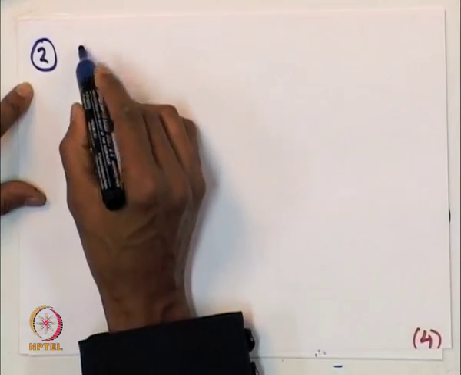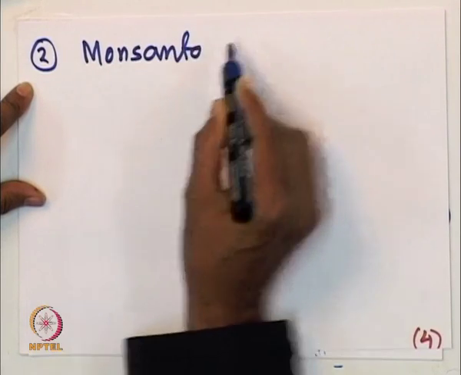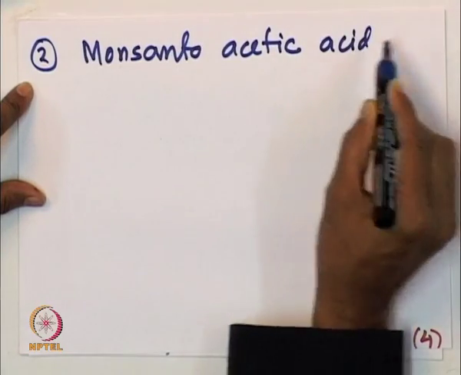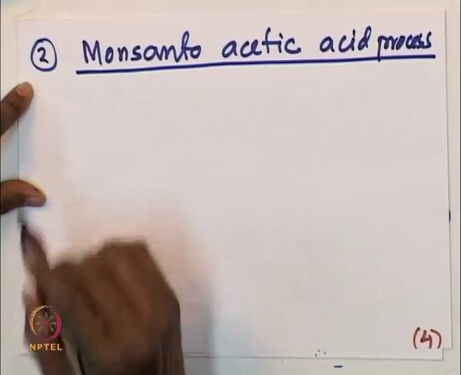I am sure again all of you are familiar with it, but may not be realizing that an alpha migratory insertion is involved in it. So, Monsanto acetic acid process. What is it?